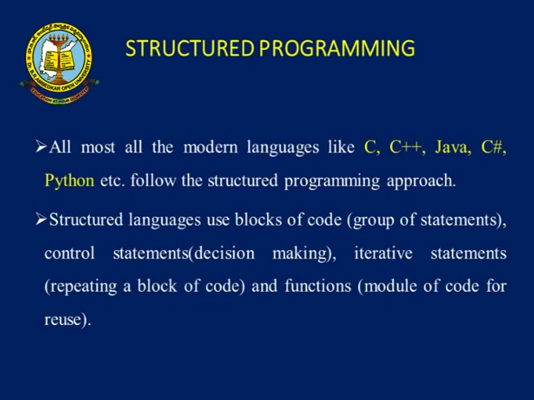Almost all the modern languages that we come across, C, C++, Java, C#, Python, etc., are examples of structured programming languages. Structured programming languages use blocks of code, which are groups of code, control statements, iterative statements, and functions to make the whole program a single structure.